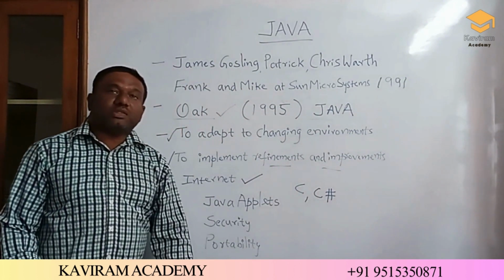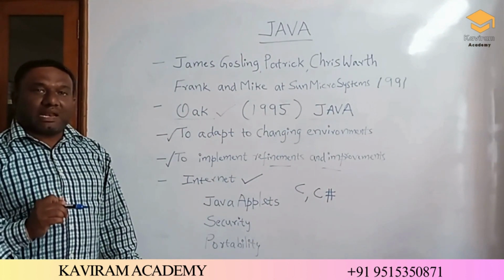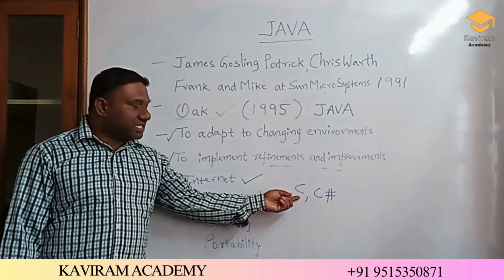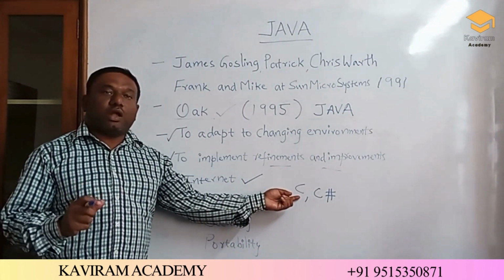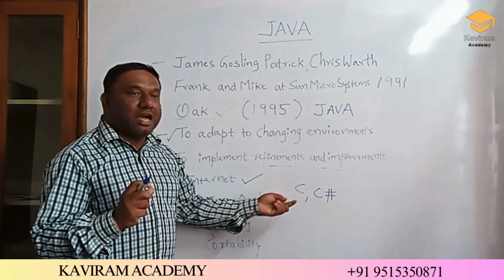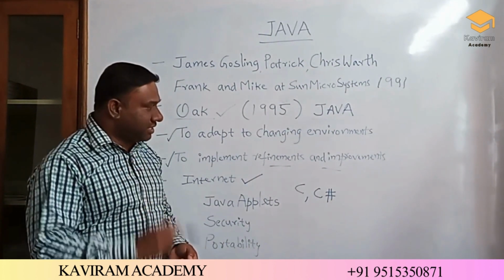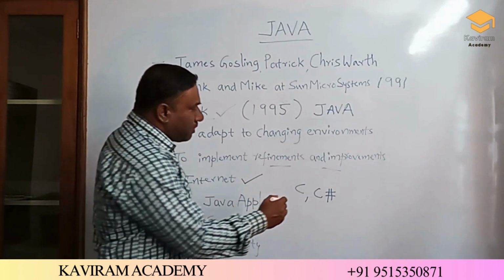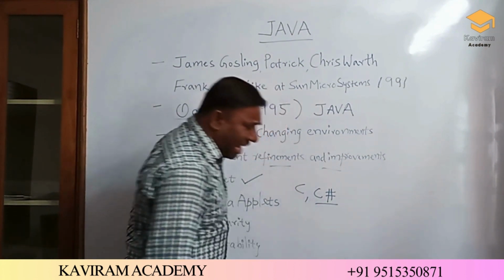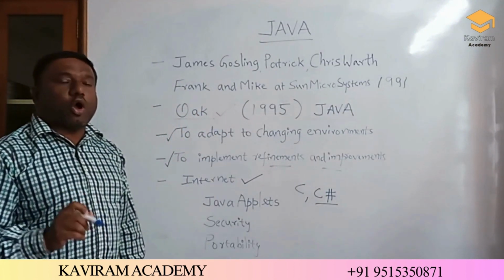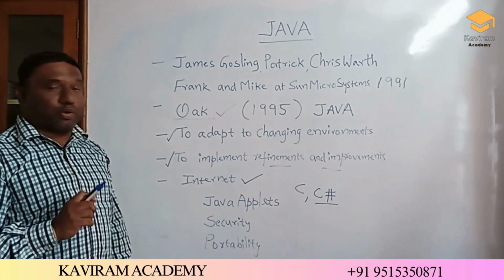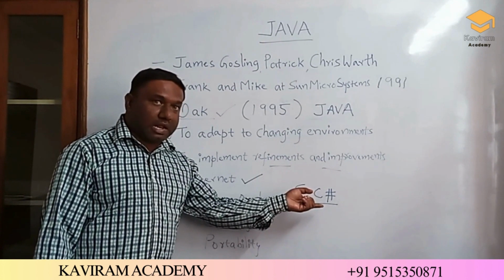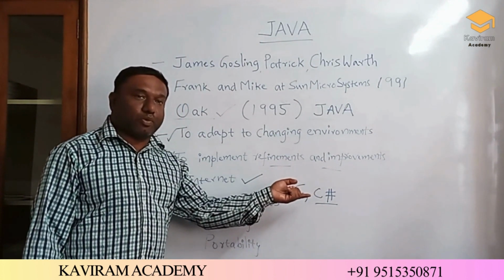C is a structured programming language with a lot of syntax and rich library files. C++ is a programming language that supports object-oriented programming. C supports structured programming, and C++ supports object-oriented programming.